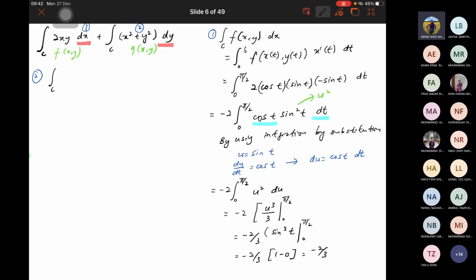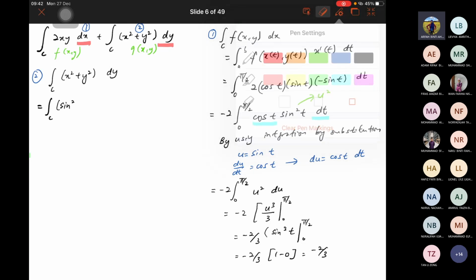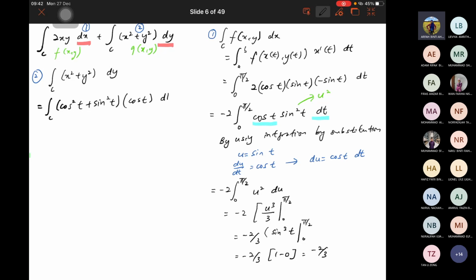Integration over the curve C, x squared plus y squared dy. Integration over the curve C, sin cos squared, cos squared t plus sin squared t multiplied by y prime t. Y prime t is cos t dt.